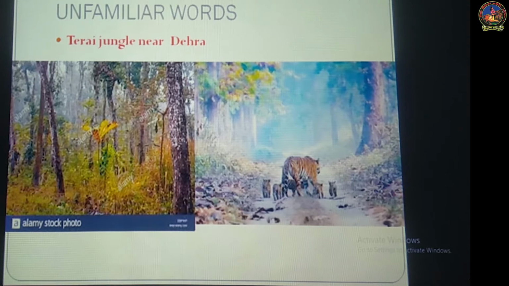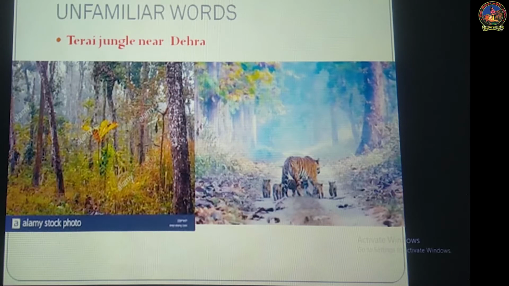It is situated in northern India, in the Himalayan region, and this place is the abode of wild animals. You will see a lot of tigers, jackals, and wild boars in this Tarai jungle near Dehra.